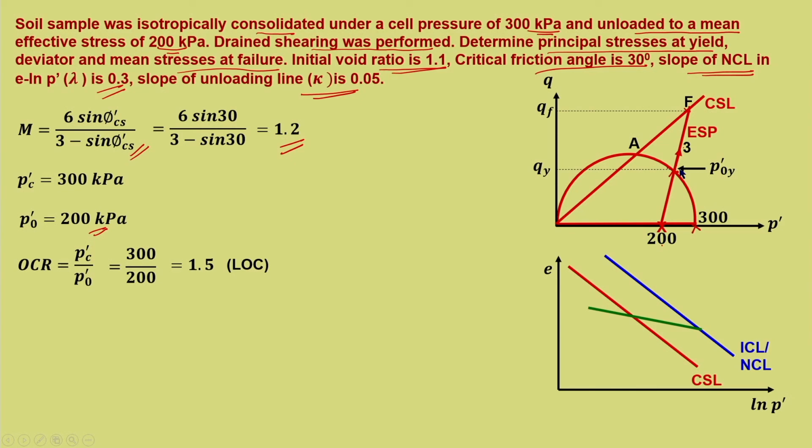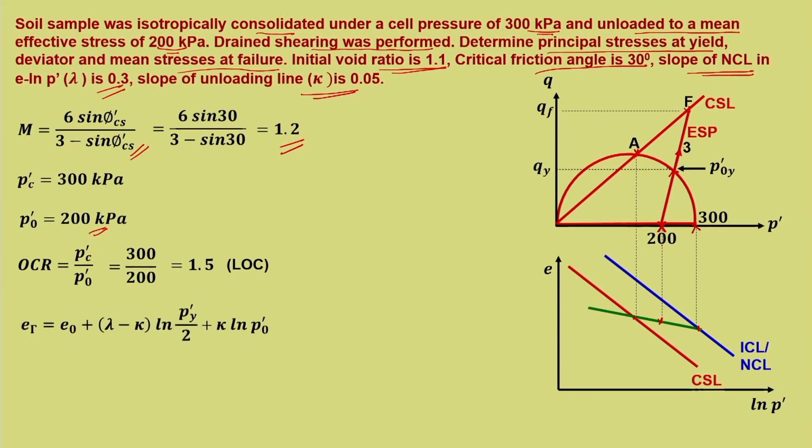The same thing is shown here. This corresponds to 300. Here is the unloaded point 200, and this is the point where the unloading line crosses the critical state, and according to the definition of MCCM and the elliptical yield curve, we know that this is the midpoint.